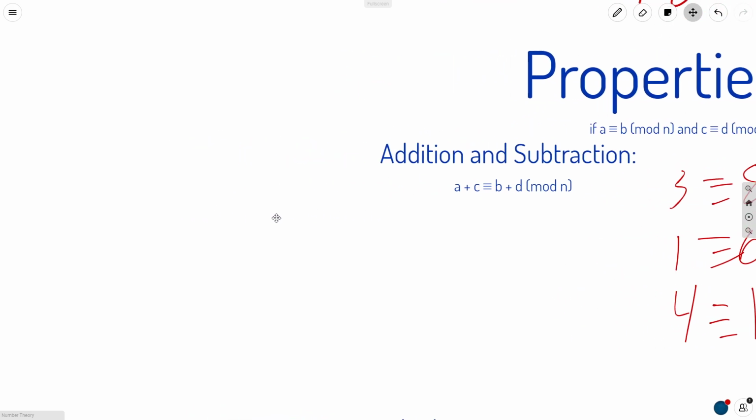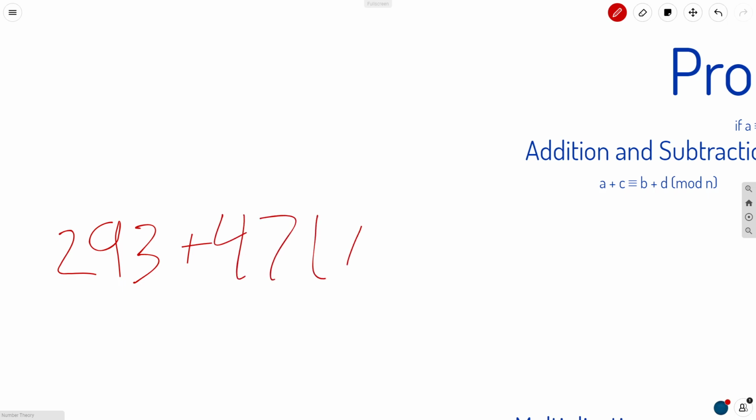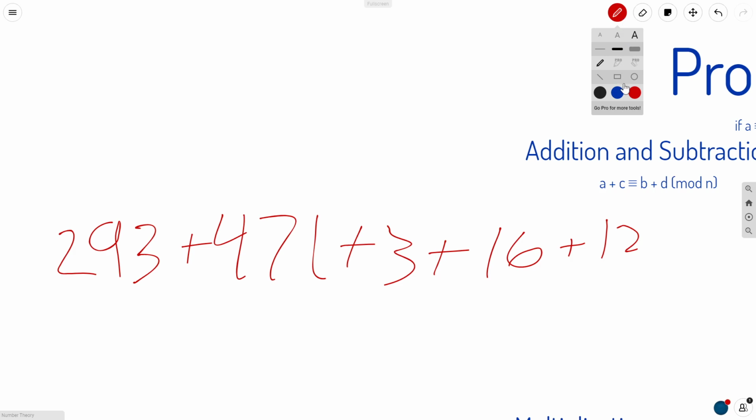So another example we could use with this is to find the units digit of a sum. So if I asked you to find the units digit of 293 plus 471 plus 3 plus 16 plus 12, this is a fairly large sum and it would take a while to calculate this, but if I asked you to find the units digit, we don't even have to worry about most of these digits.